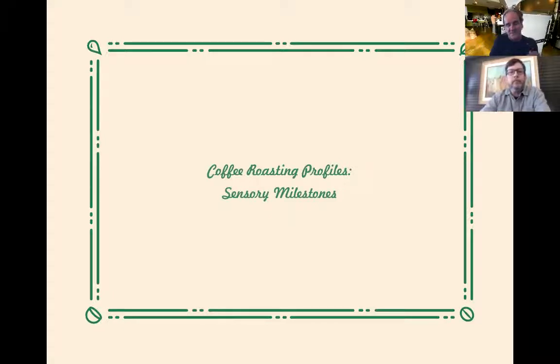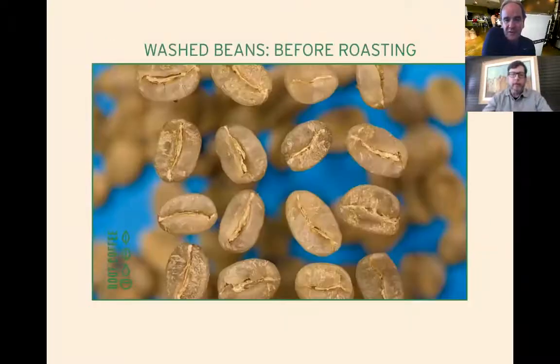There is this major emphasis nowadays on using digital tools to control roasting profiles. And I would like to emphasize that obviously these tools are very helpful, very important. At the same time, it is good to have an understanding of and to be connected with the actual sensory milestones that occur during the roasting of your coffee.